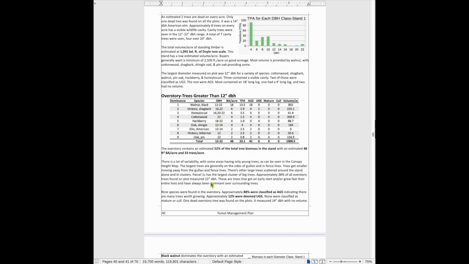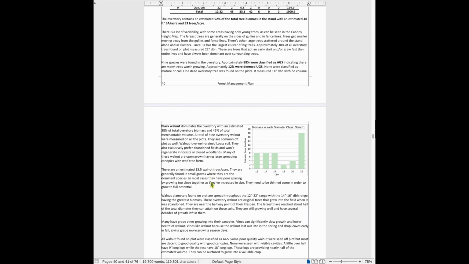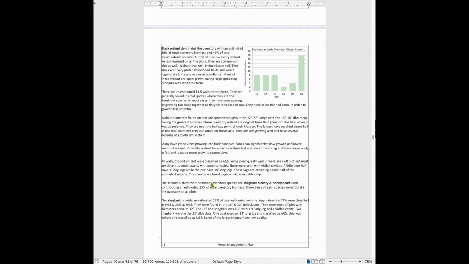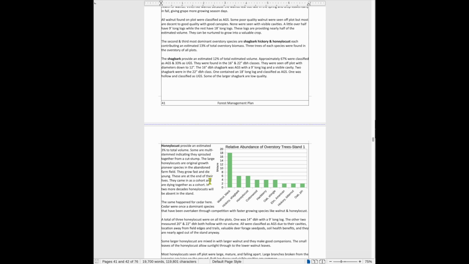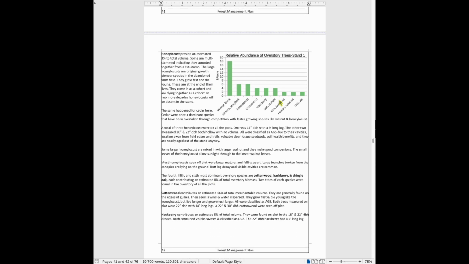So after this table, I kind of go through and explain it all and really break it down. What does it mean? Why is it like this? Just more details to kind of back up the data analysis about why we're seeing what we're seeing. Here's the dominance of the species. So these three are really low dominance compared to these three.